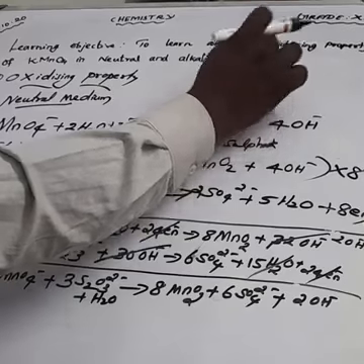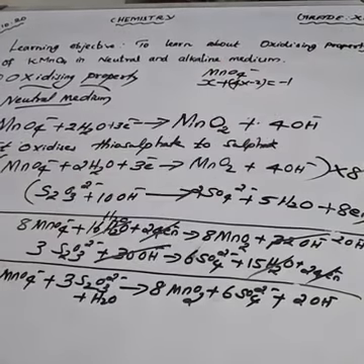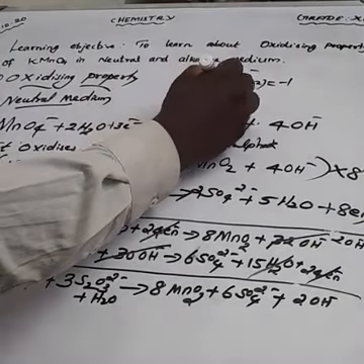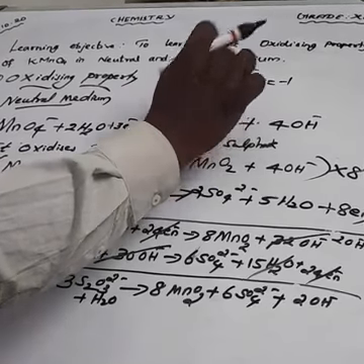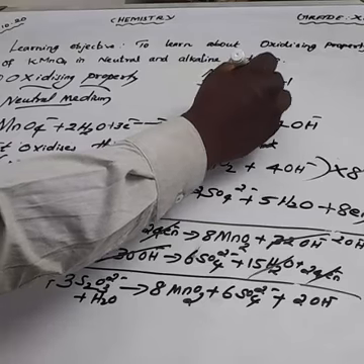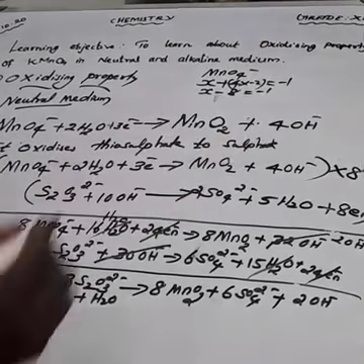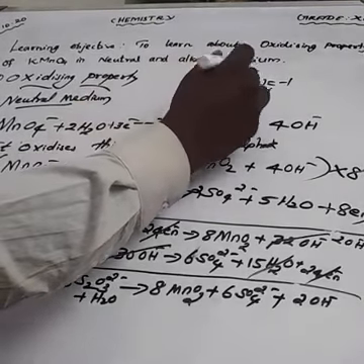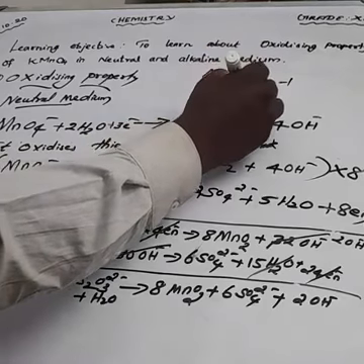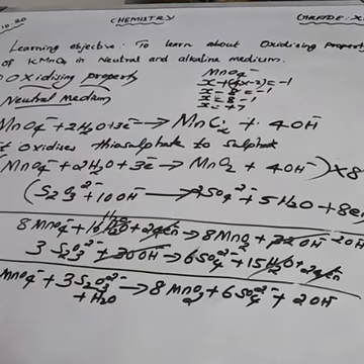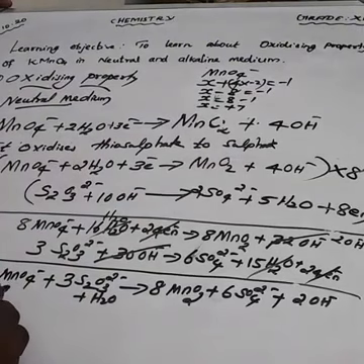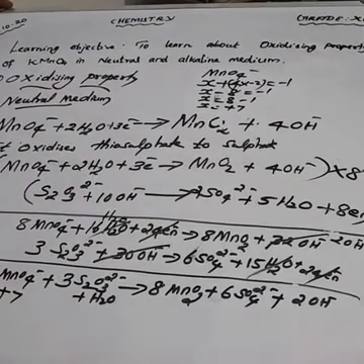Here the charge is negative, so it should be -1. So X plus 4 into -2 equals -8, 8 minus 8 equals -1. X is equal to plus 7. So the oxidation state for KMnO4 is plus 7.